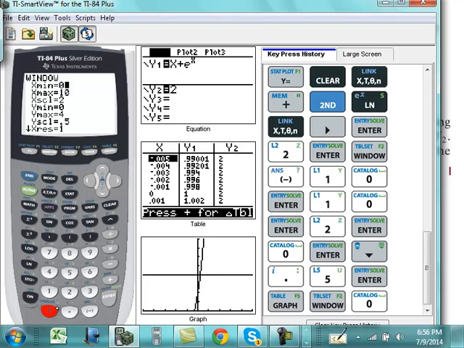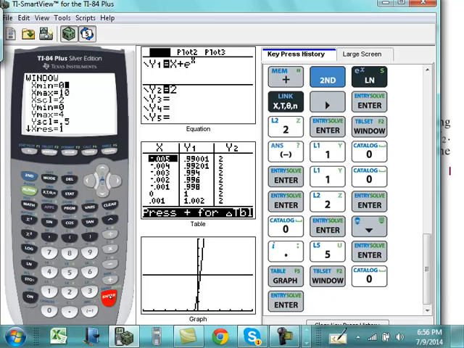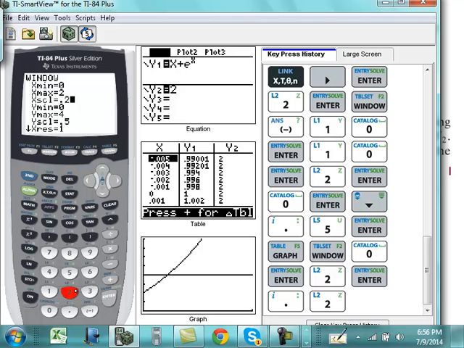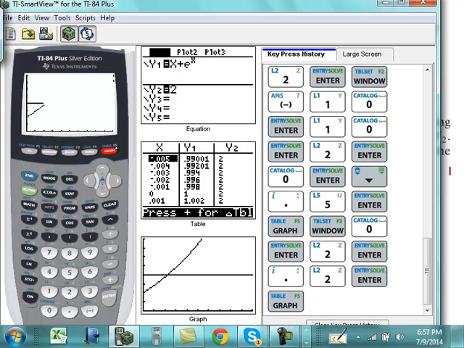So I'm going to go back to my window, let x start off at 0, maybe let it go out to 2, and maybe let the tick marks be every 0.2 or so. And then what we want to do is find the x-coordinate of this intersection of those two graphs. We know the y-coordinate is 2, but we want to find the x-coordinate.